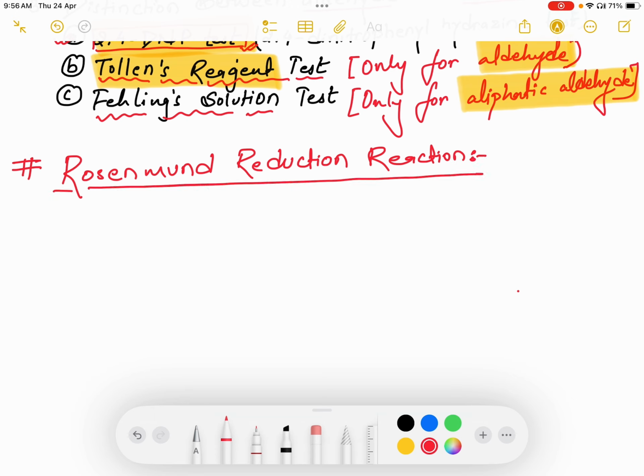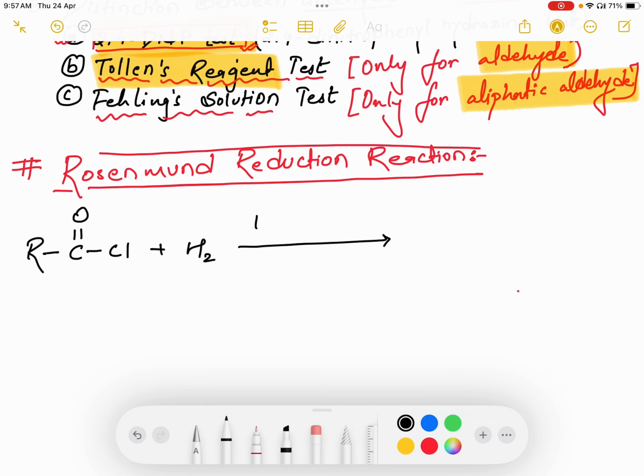What we need to understand here is when you have acid chloride, that is RC double bond OCl, and it is treated with hydrogen in the presence of Pd-BaSO4, which is the Rosenmund catalyst.